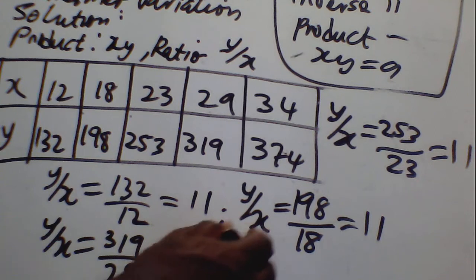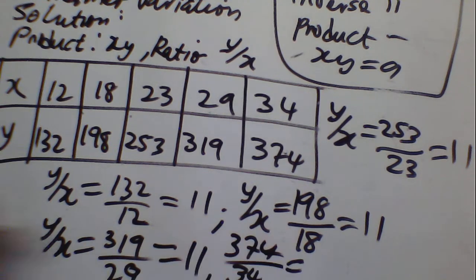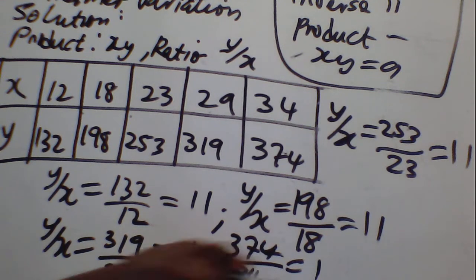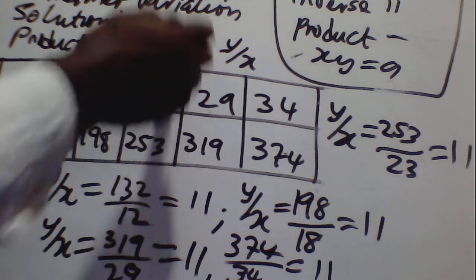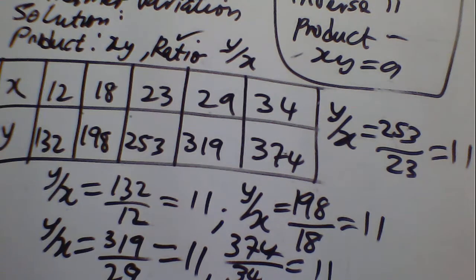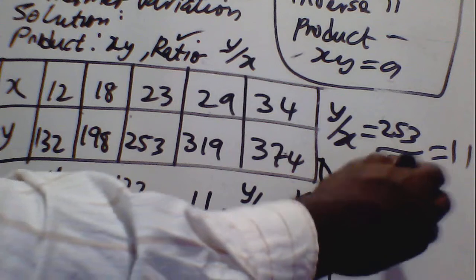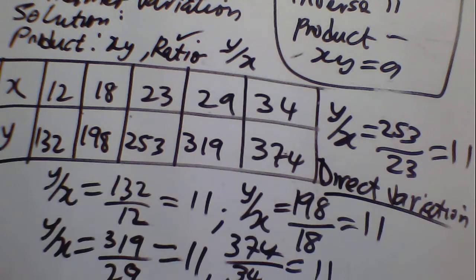And finally 374 divided by 34. 37 divided by 34 will give us 1, carry 3. 34 divided by 34 will give us 1, so 11. So finally, we already see that the ratios are constant. Therefore, what type of variation is this? This is direct variation.